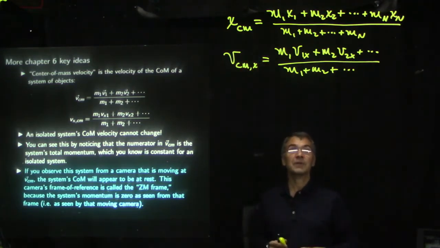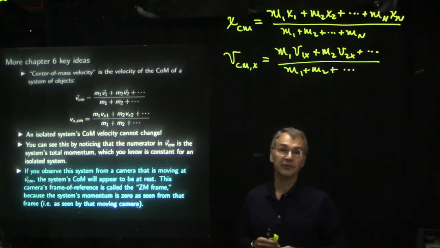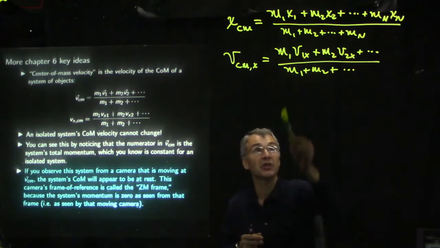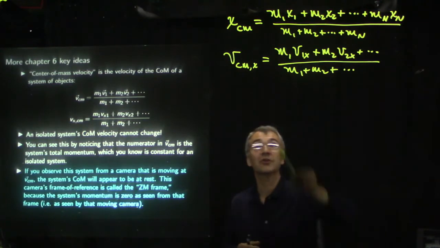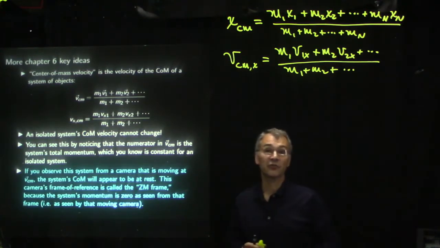So it's basically the mass-weighted average of all of the x components of velocity of the objects in whatever system you are considering. If you like calculus, you could notice that the second quantity is the derivative with respect to time of this first quantity, since the masses are all constants, but the x-coordinates are all variables.